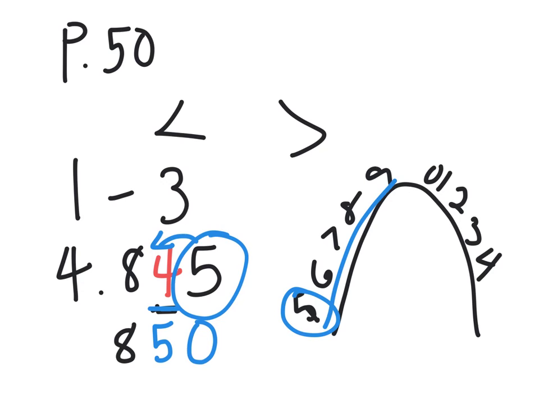So remember, you round by the number next to the red one, okay? That one tells you whether this one right here is going to go up or going to go down.